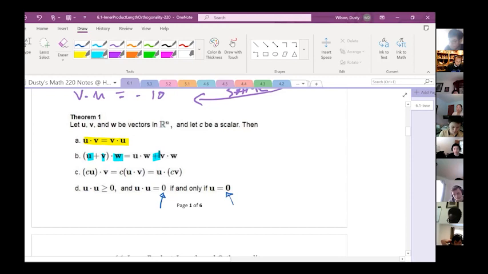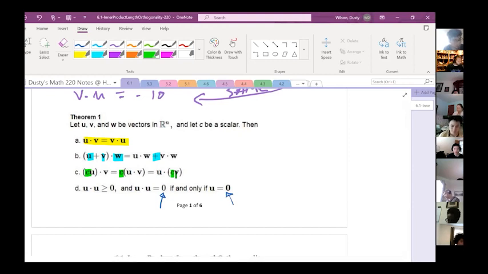So u plus v dot w would be the same as u dot w plus v dot w. And then the third part tells us that we can associate. So you can have the c with the u, you could have the c out front, you could have the c with the v. So you can move scalars anywhere you want within a dot product.